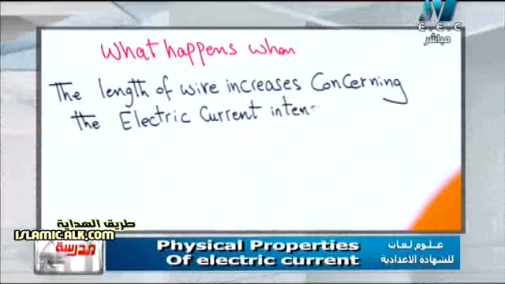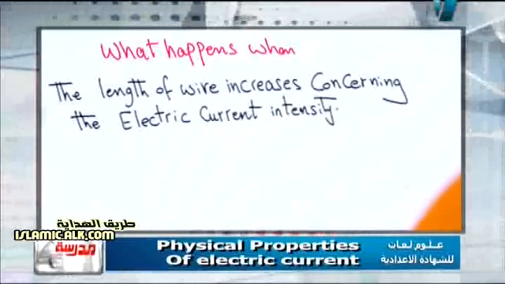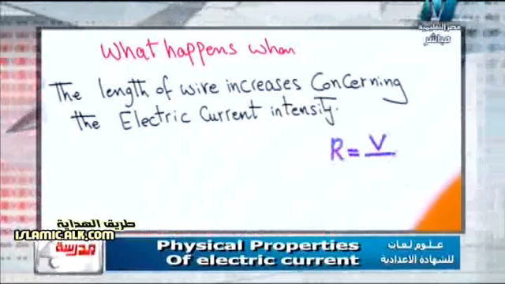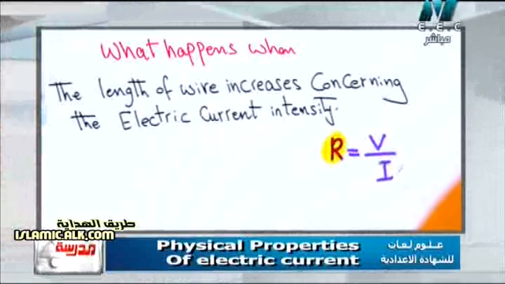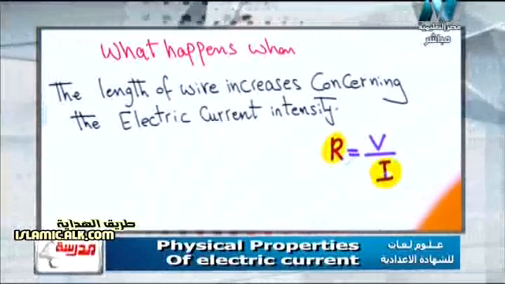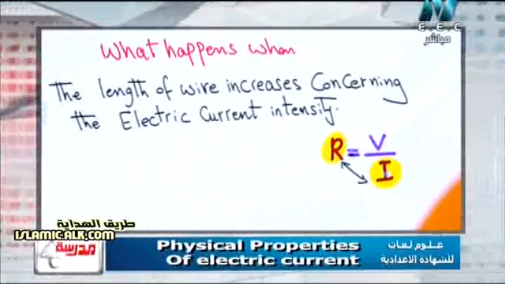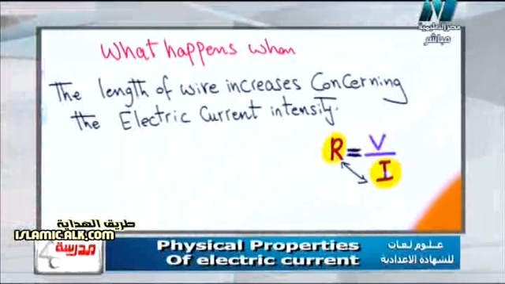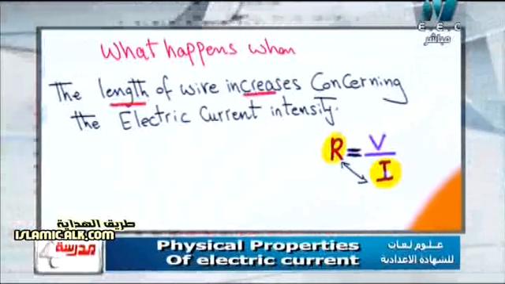How can we answer a question like that? By the mathematical rule. We know R equals V over I. So the relation between electric resistance and the current intensity is inversely proportional, as one goes up the other goes down. So here we can answer: when the length of the wire increases, what happens to the electric resistance?